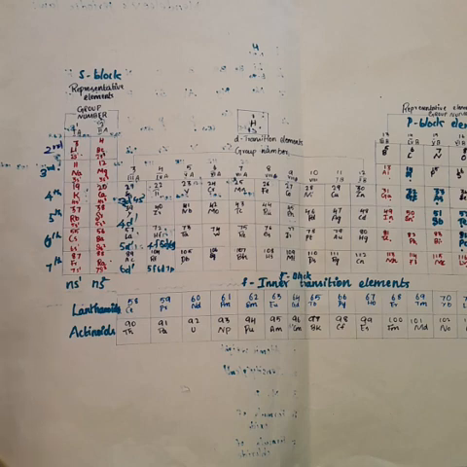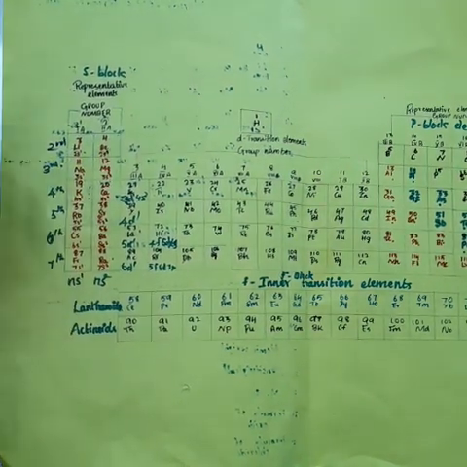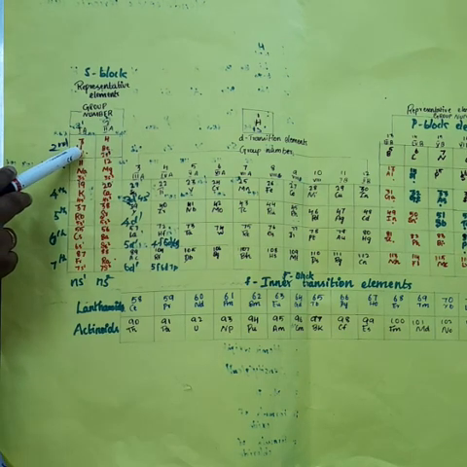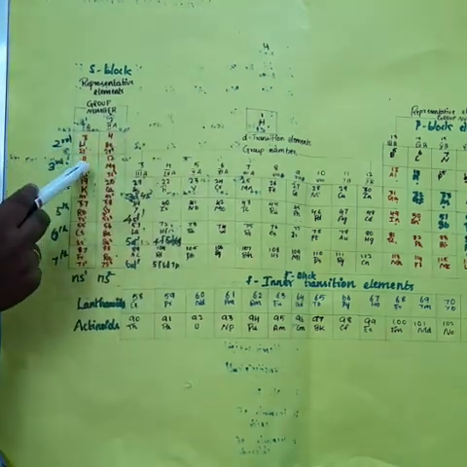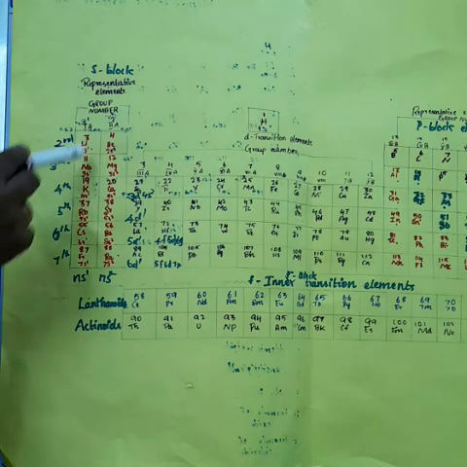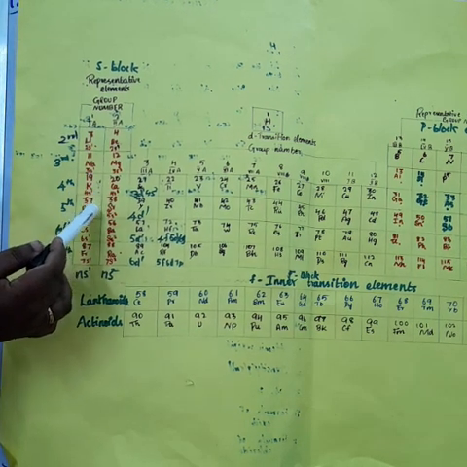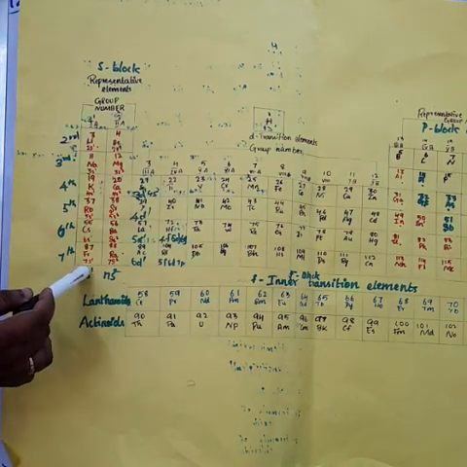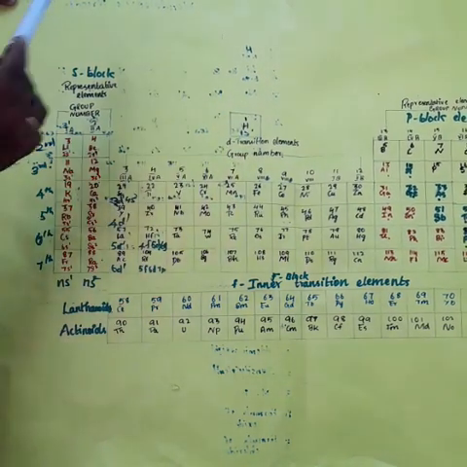For example, the S block elements. The first and second group elements are called S block elements. In the first group, which elements are present? Hydrogen, lithium, sodium, potassium, rubidium, cesium, francium. All these elements have the same number of outer shell electrons. Hydrogen has only one electron, 1s1.